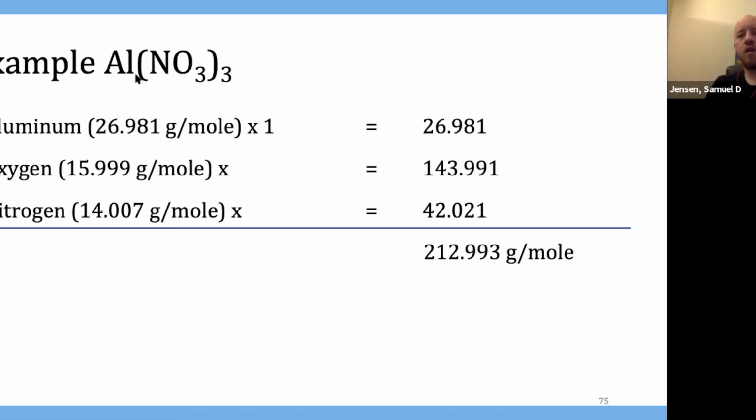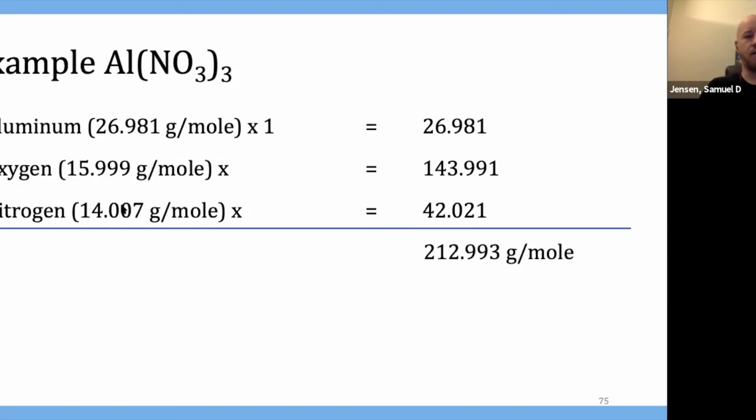Here you'll see parentheses. The reason why we use the parentheses is because the NO3 here is one molecule, a chunk of stuff, and so there are 3 of everything in here. So in this case, it's 3 times 3 for the oxygen and times 3 for the nitrogen.